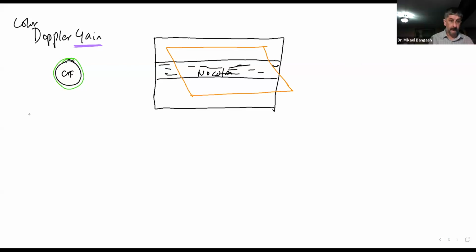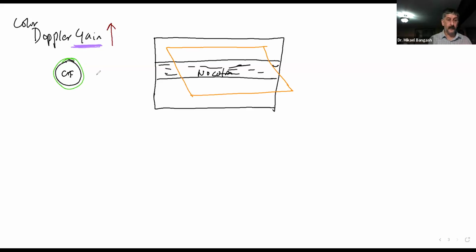Now what can we do? The optimal step would mainly be that we can increase the color Doppler gain.